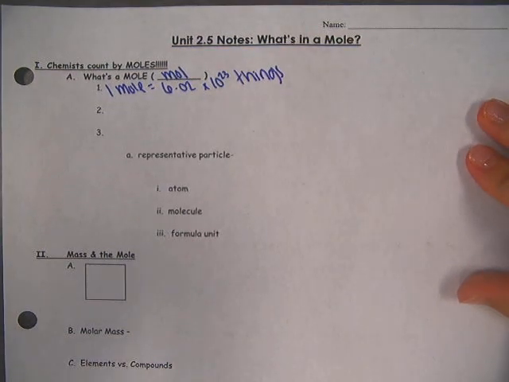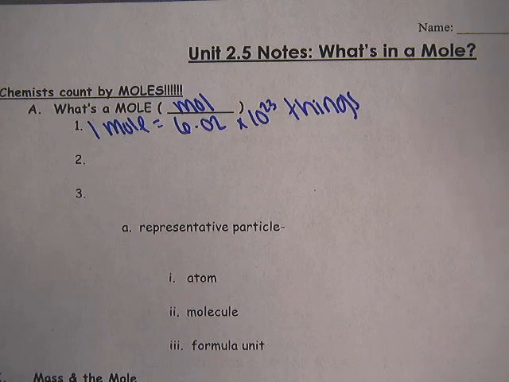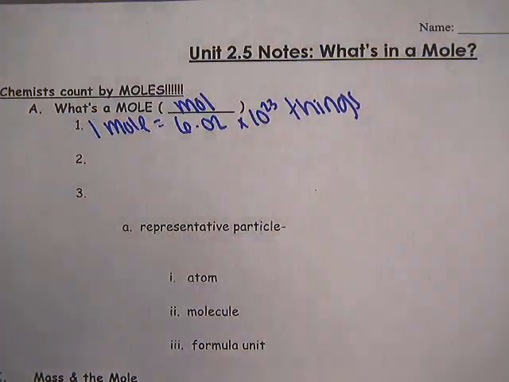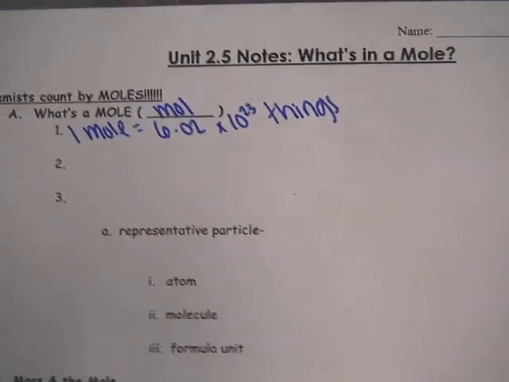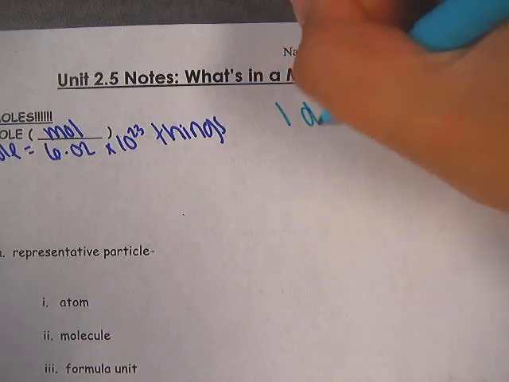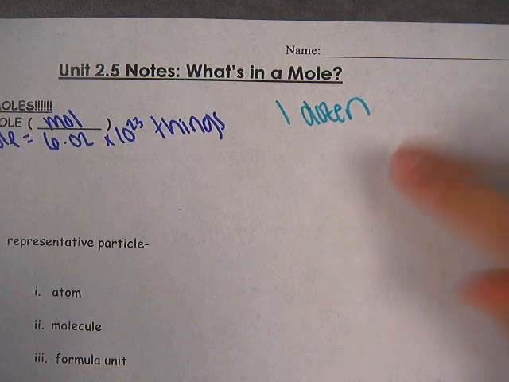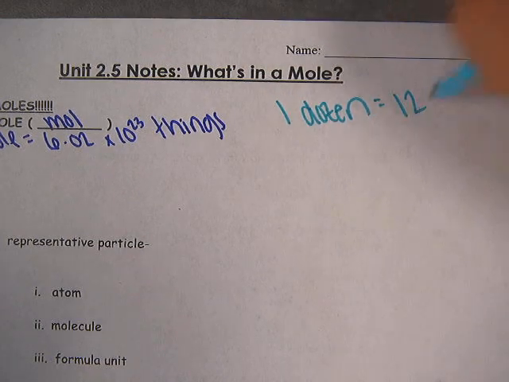So I always equate this to a dozen, where 1 mole represents that number of whatever it is that you're talking about. Similar to how, if I said I want 1 dozen of anything, it doesn't matter what it is that I'm talking about, if I say a dozen, that means 12 things.